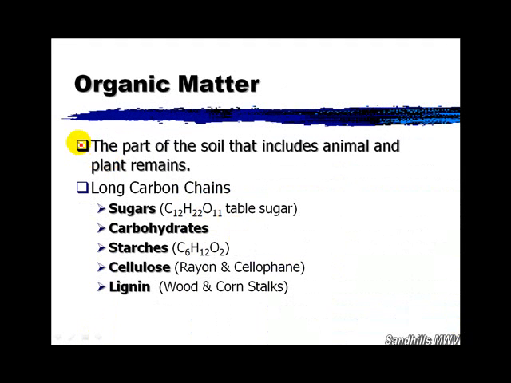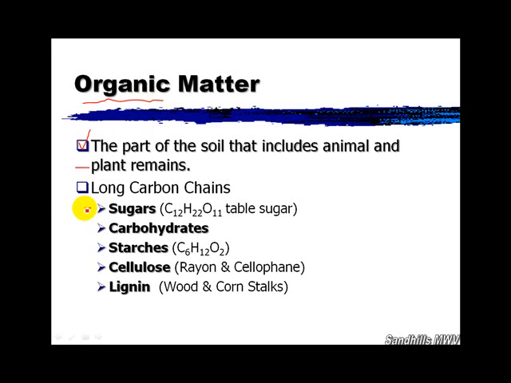So here we've got a little definition for you. The parts of the soil that include animal and plant remains. So dead, dying, and decaying plant or human material is organic matter. Pretty much including carbon.